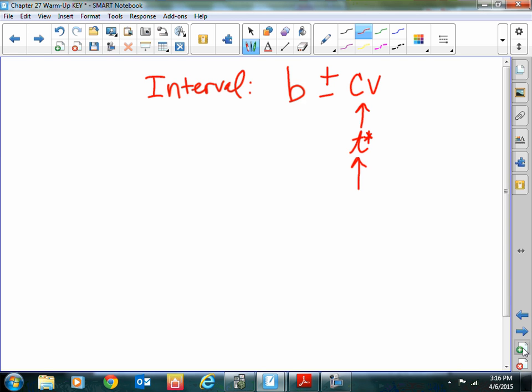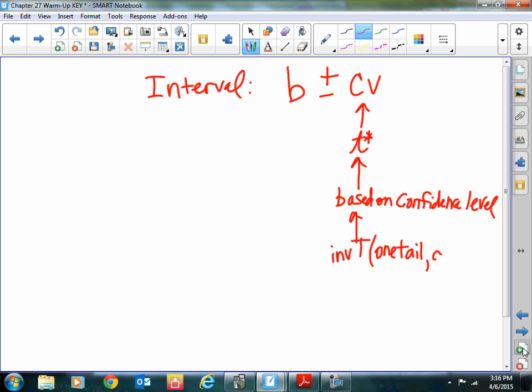And this is based on confidence level, how confident they want you to be. And the way you would do that is inverse t of 1 tail, comma, degrees of freedom, okay? And then times the standard deviation of the slope, which will also be in the computer printout.